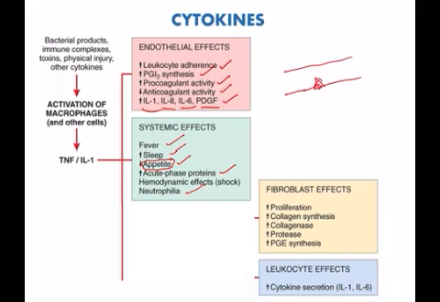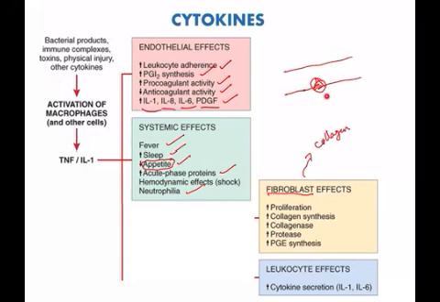So the space filling component is the fibroblast. Fibroblasts are going to release collagen, and they fill the space which is inflicted by the wound. So cytokines are going to activate the fibroblast to fill up the lacuna produced by the physical wound.